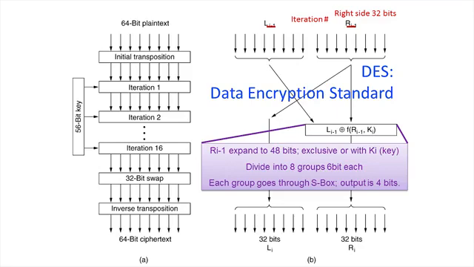In each iteration shown on the right side here, the right 32 bits are sent directly to form the left output 32 bits. The same right 32 bits and the key are then fed into the F box through some substitutions. The output is then XORed with the left-hand side 32 bits to form the right side output 32 bits.